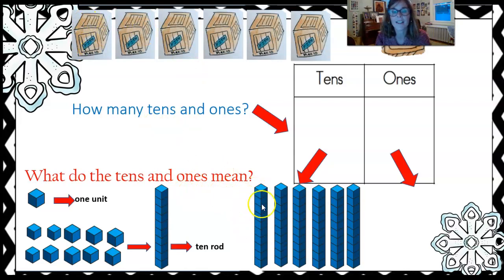So we have 10, 20, 30, 40, 50, 60. 60 fish. So 1 rod stands for 1 box of 10. Now let's count our units. 1, 2, 3, 4. Those represent the 4 fish that were left over.